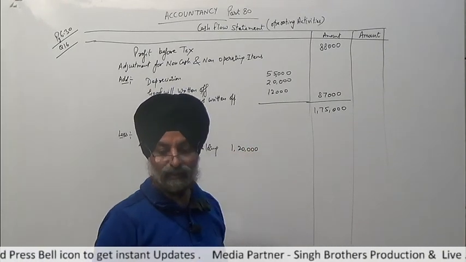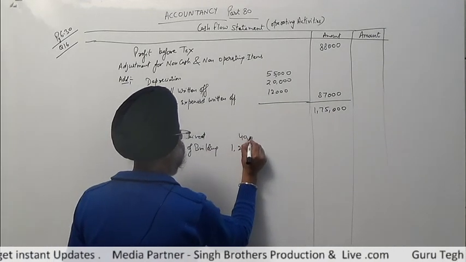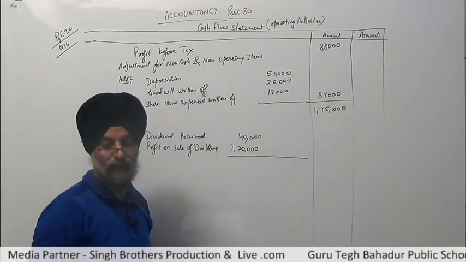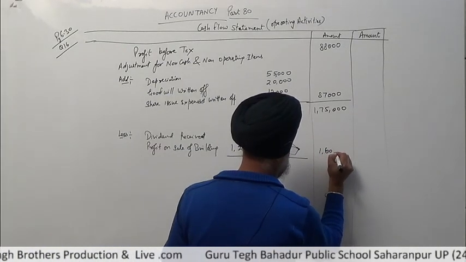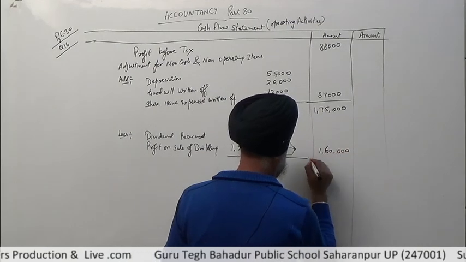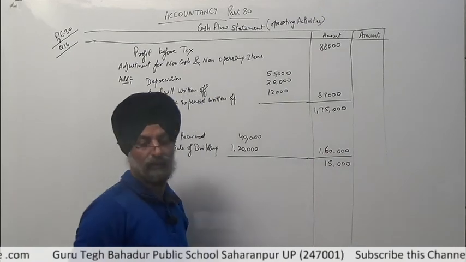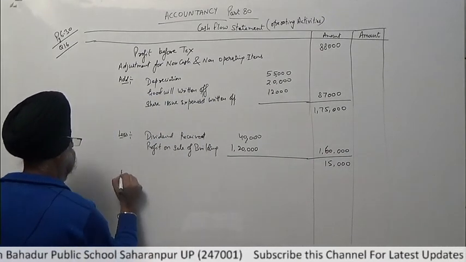Dividend received is 40,000. The total of it is 1,60,000. Now this is operating profit before working capital changes.